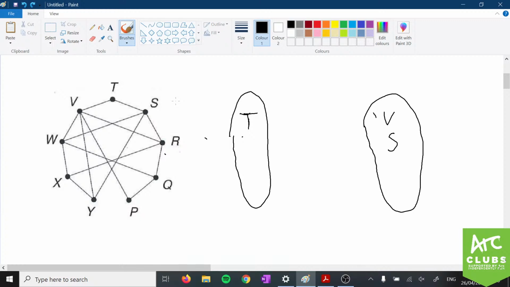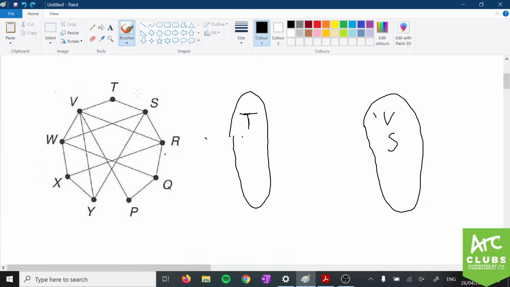Okay, and we just keep going. Like we just repeat for the vertices we just added to the other group. So for V, the neighbors are W, Y, P, R, and T, right? That means W, Y, P, R, and T cannot be in the same group as V, right?